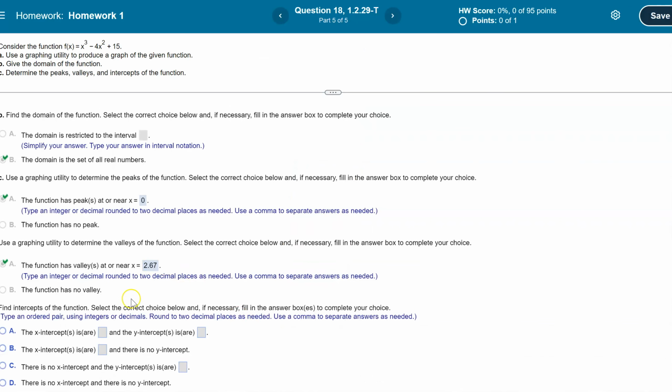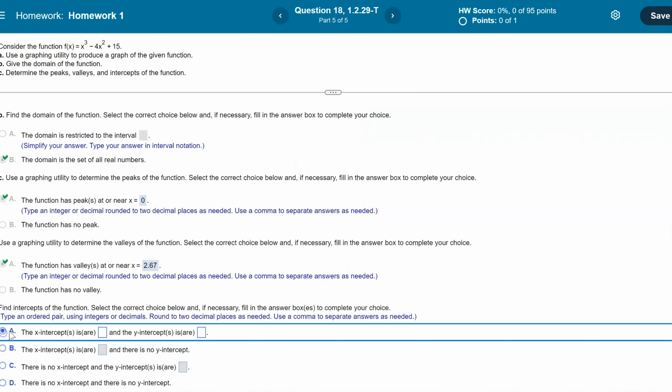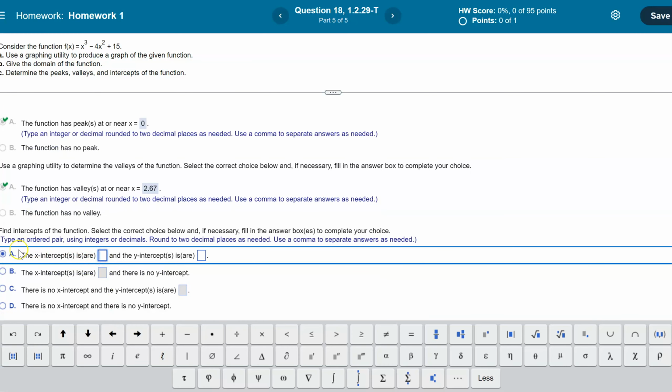So here, there's going to be both. The x-intercepts, it says, now look, read the directions. Type an ordered pair using integers or decimals, round to 2 decimal places as needed, use a comma to separate if you have more than one. So here I have to type the whole ordered pair.